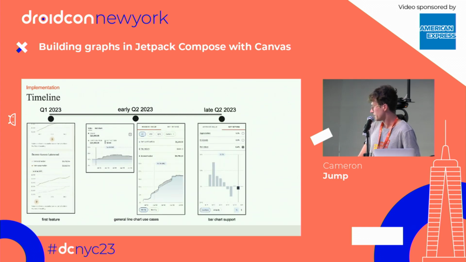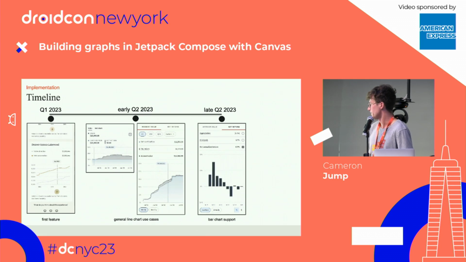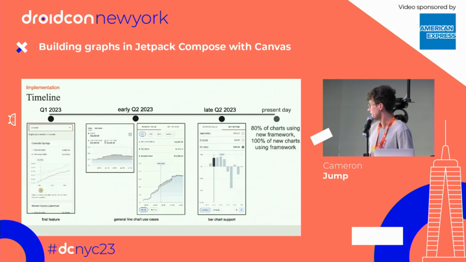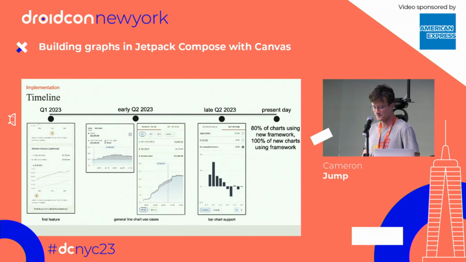And then later in that quarter, I made the changes to pass in the behaviors for the bar chart. And at this time, about 80% of our charts are using the new framework, and all of the new charts are.